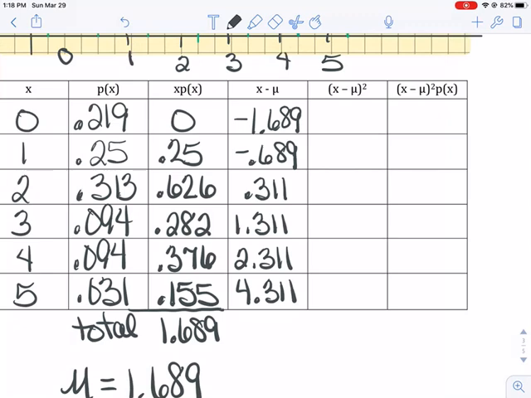Just check that last one. Nope, I was ahead. I missed something. Oh, that should be 3. I skipped the number. All right, so remember, we're going to square that. Remember, no negatives when we square. So you can just ignore them when you write it.